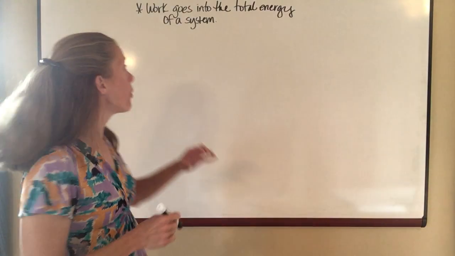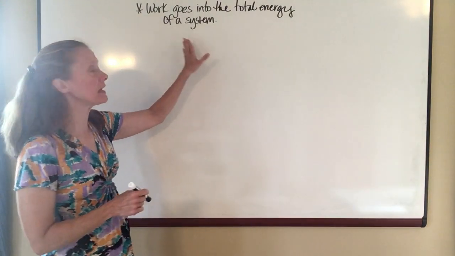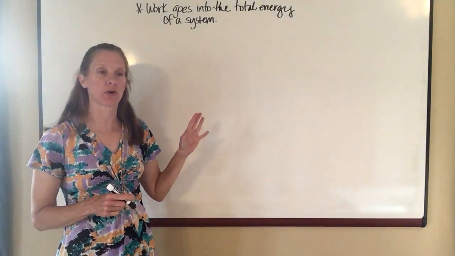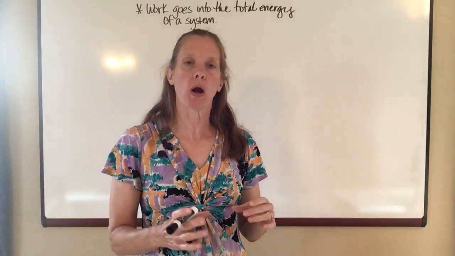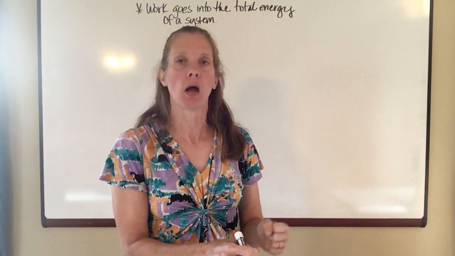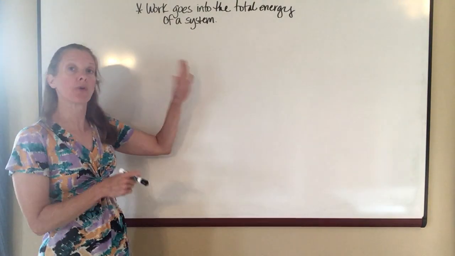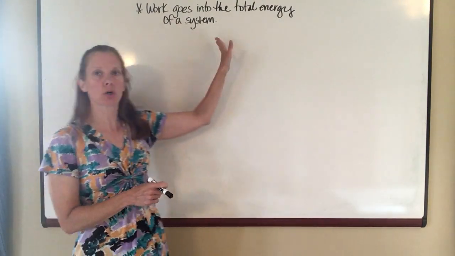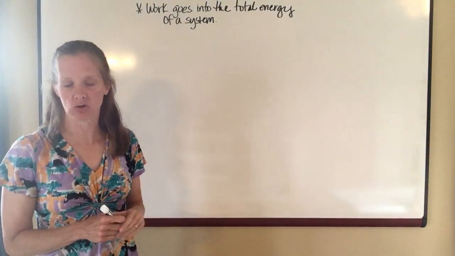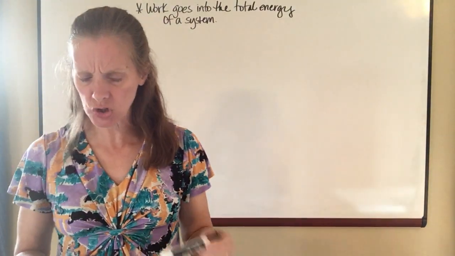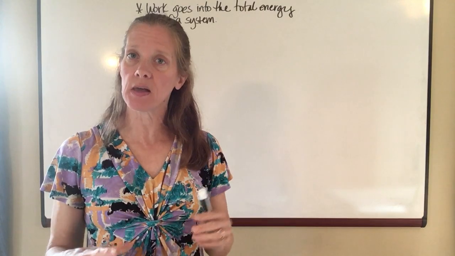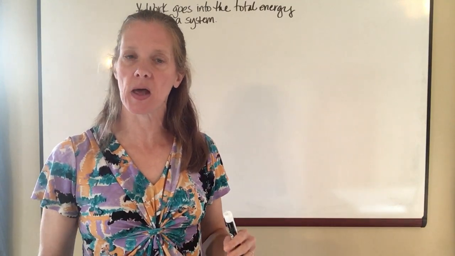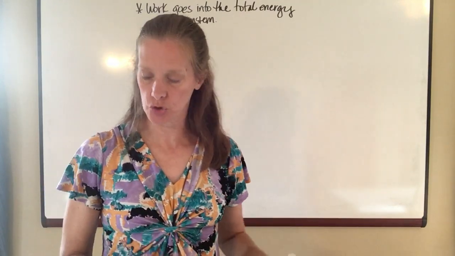So the key point here is that any work that is done, whether it's the work of a push where you are pushing on something, or the work of friction, that work goes into the total energy of the system. So we're going to look at example 8.6, and I'm going to analyze this one the same way that I analyzed the roller coaster problem.